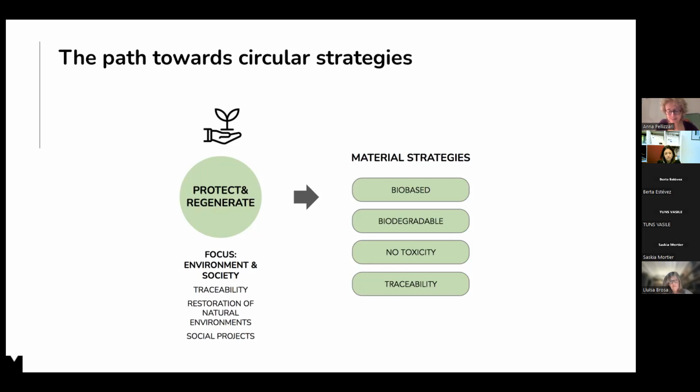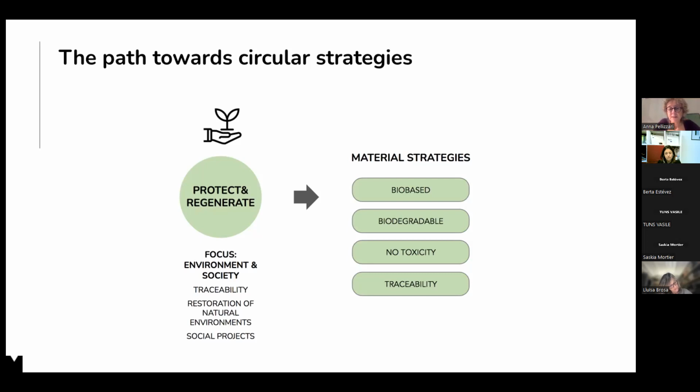So the material should be durable and performing at the same time, and on the other hand, should be able to degrade in certain contexts. And this is very difficult in technical terms. So clearly biodegradability makes sense only in some specific applications.